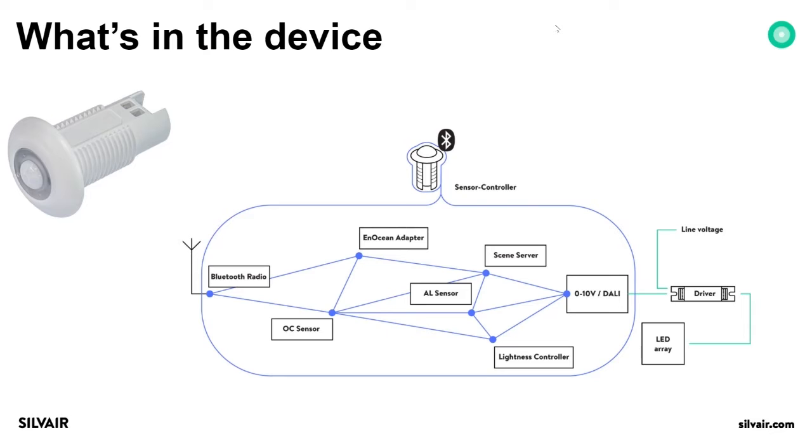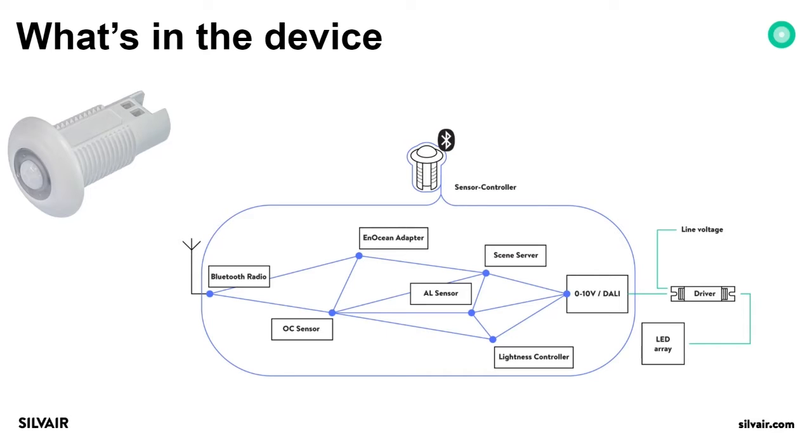This is an example based on the Murata sensor, which is also a Bluetooth mesh enabled controller. You can see what kind of options there are on the device in regards to Bluetooth mesh.